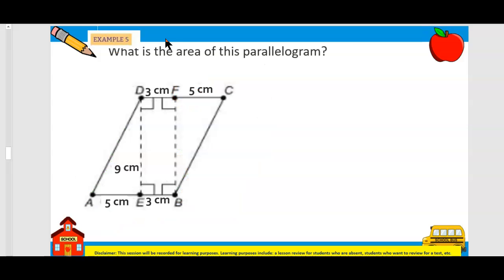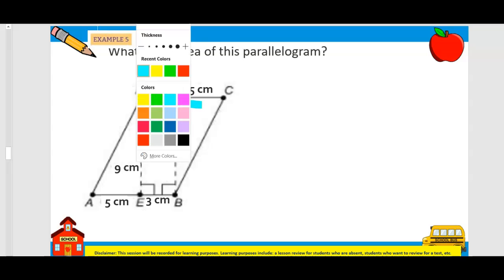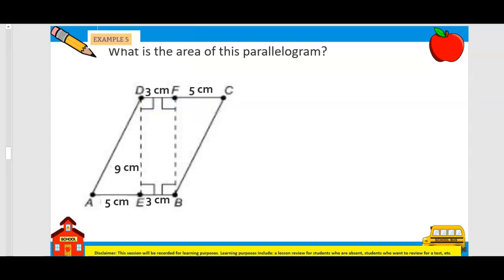Okay, more fun. See if you know what you're looking for. You're looking for everything in the blue. Let's go green again. Let's stay consistent. How many little squares can we fit in the green area? So here's the base.